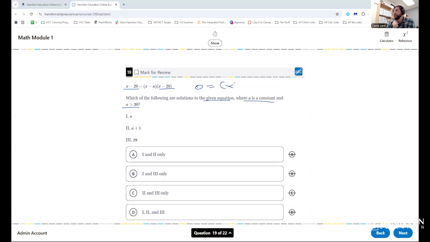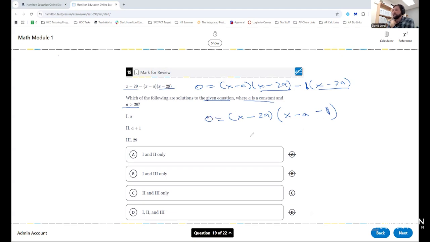So 0 is equal to x minus a times x minus 29 minus x minus 29. Now, from here, you'd want to factor out the x minus 29. So then we're left with x minus 29, parentheses, x minus a minus 1. Because there's a 1 here, it's a minus 1 there.